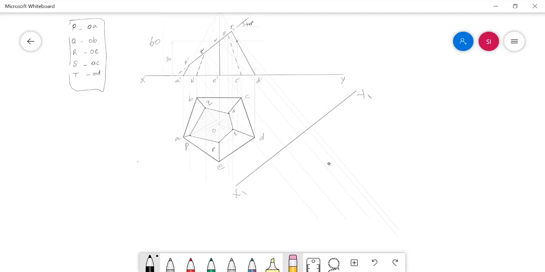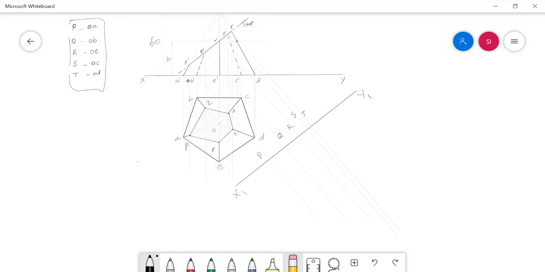Here, for example, this projector is for the cut point P, and that projector is for the cut point Q, and this one is for R, and that one is for S, and finally it's for T. Now I have to measure the distance of every cut point from the top view, the distance between the cut point and xy in the top view.